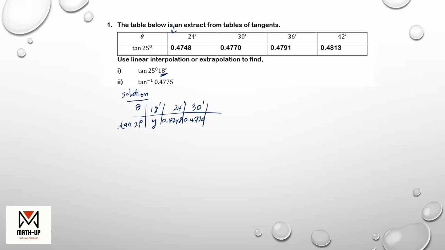So it is fair to say that y minus 0.4748 divided by 18 minus 24 (you could actually neglect the units here) has to be equal to 0.4770 minus 0.4748 divided by 30 minus 24.